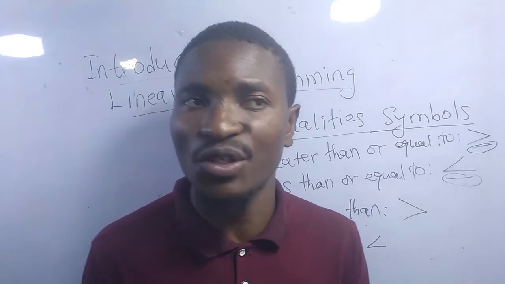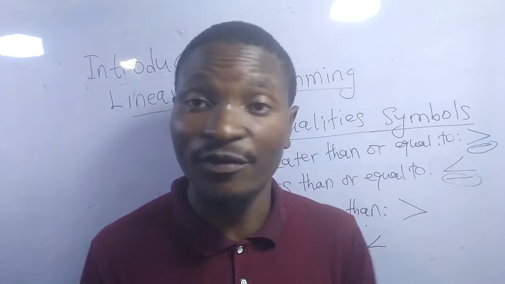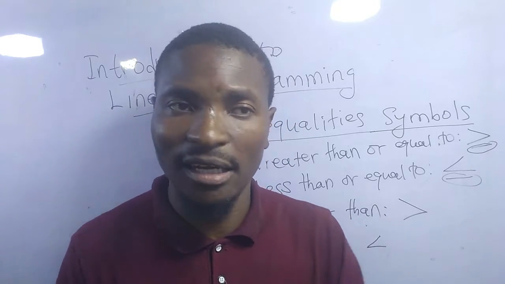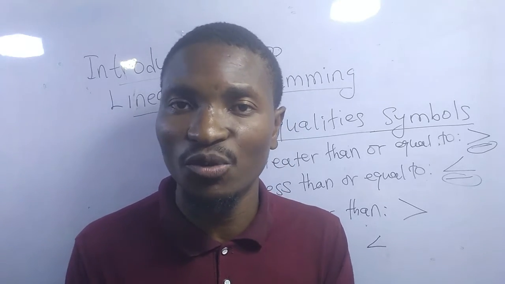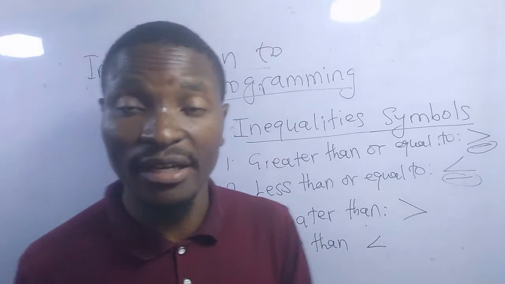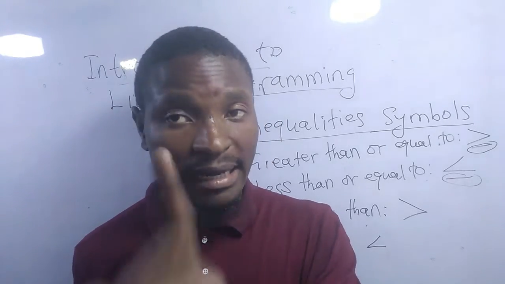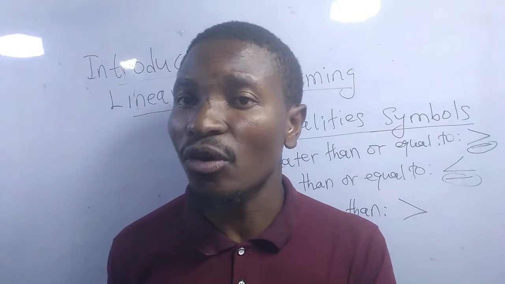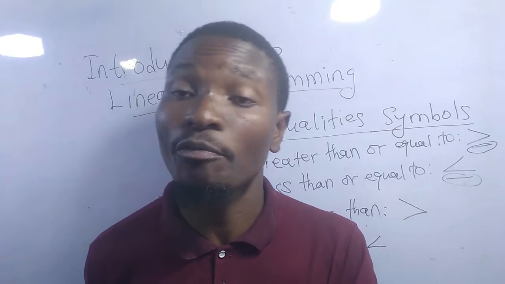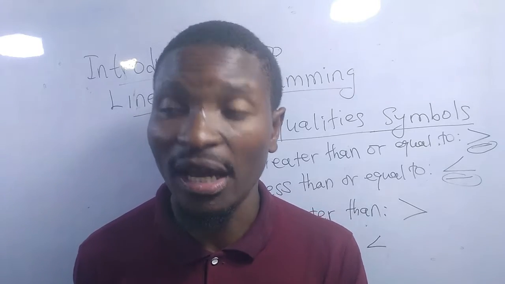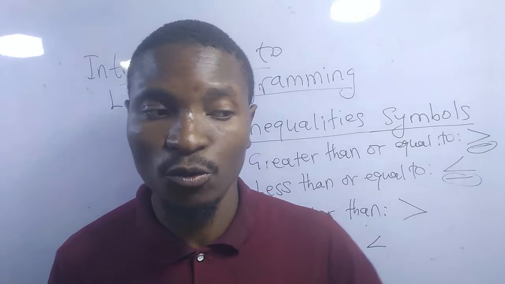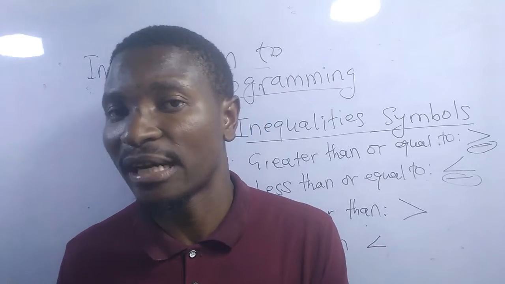Linear programming also involves putting some details on our graph paper so that we know the boundaries, the areas in which we are working, so that we are able to make a better decision. And please make sure that you understand this. Linear programming helps us to make proper decisions after we look at the conditions that are variable, what we are restricted to do and what we are not restricted to do.